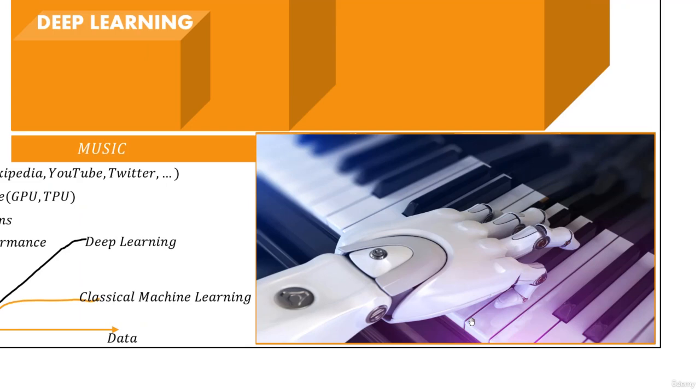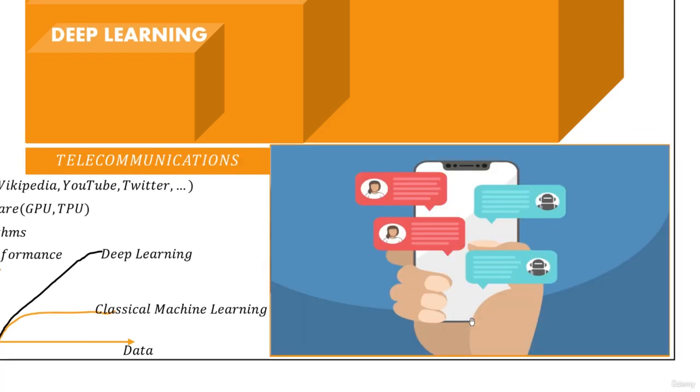In the music world, AI could be used in generation of music and even composition of music. And in telecommunications, just like with many other domains, we have virtual assistants which help companies respond to thousands of requests from clients without necessarily having employees to check on these requests.